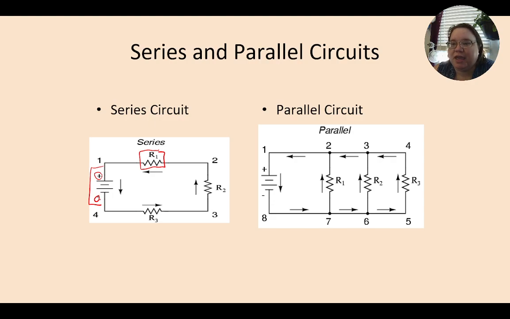And they are showing that the current flows from the negative through the positive. So make certain you're able to identify if a circuit is series or parallel. It's not the number of resistors, it's the number of paths for the electrons to flow.